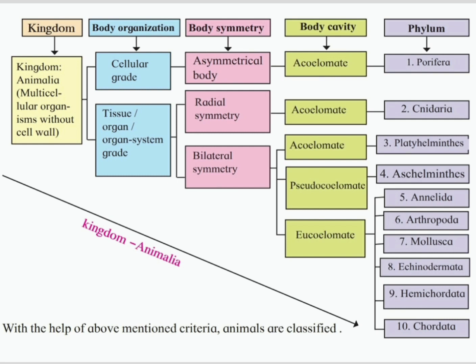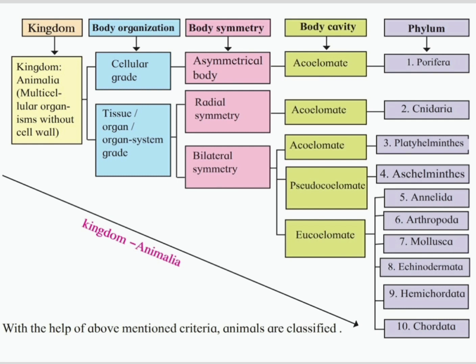They show bilateral symmetry and they may have either tissue, organ or organ system grade of organization. The fourth one, Aschelminthes, they are pseudocoelomate, that is, they do not have a true cavity, they have a false cavity. They show bilateral symmetry and they have either tissue, organ or organ system grade of body organization.